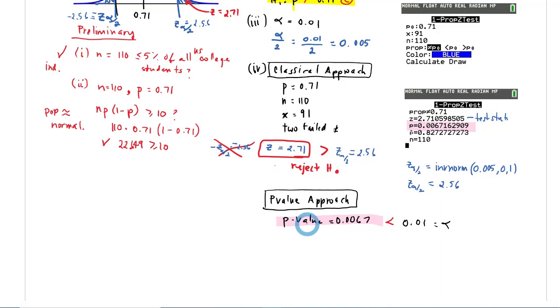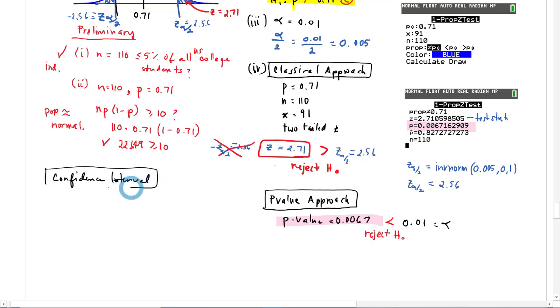Now let's go to the confidence interval approach. The confidence interval approach just states to go ahead and find the confidence interval, and if 0.71 lies in that confidence interval, you're good to go. If it doesn't, that means it's outside of it, and we have to reject the null.